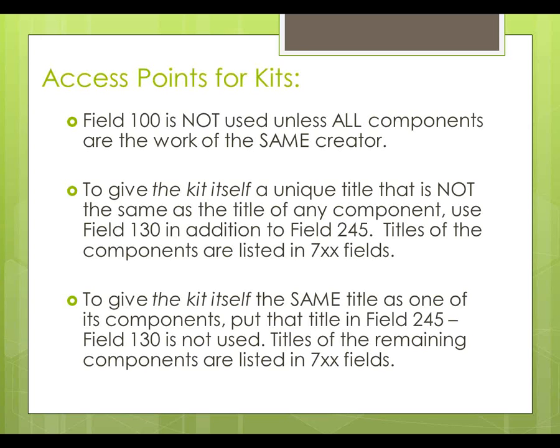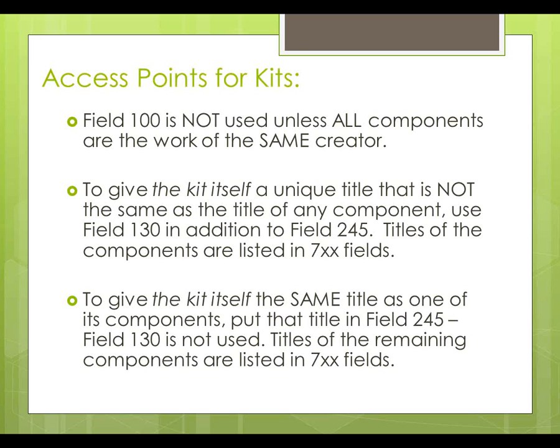Field 130 is used when you want to assign a preferred title to a record that does not have a 100 field because it's describing something that is the work of multiple contributors. Okay, so for instance, if you had a kit with a book about Thomas the Tank Engine, and another one about, whatever that tugboat one, and so on, things that go, basically, is the title of the kit.